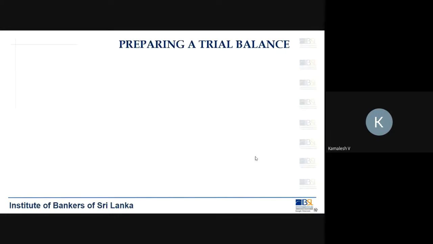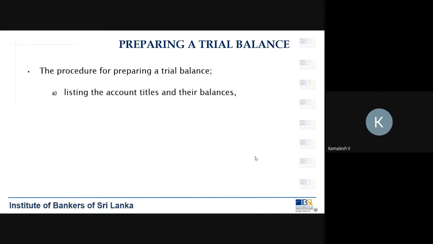Right. So we'll see how to prepare a trial balance. First, you have to list all the accounts, whatever accounts there are. Then, total the debit and credit columns.